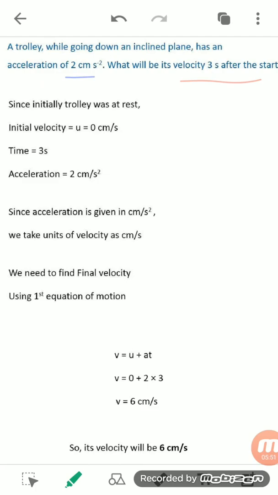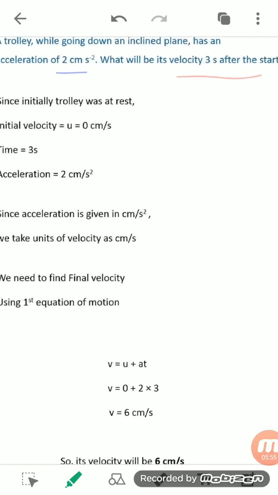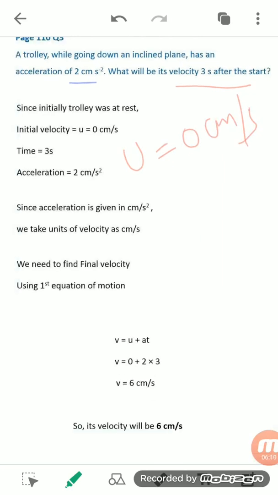So see here, after the start, it means initially the trolley was at rest. So the initial velocity will be 0 centimeter per second, because here the acceleration is in centimeter per second square, that's why we will take the velocity also in centimeter per second.